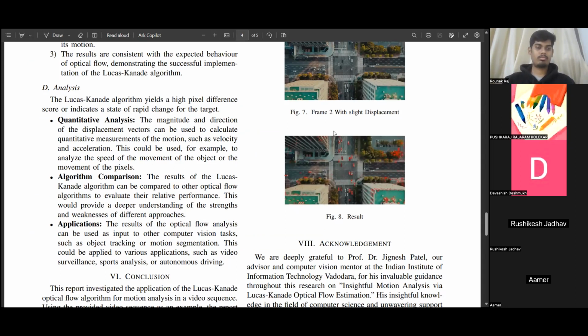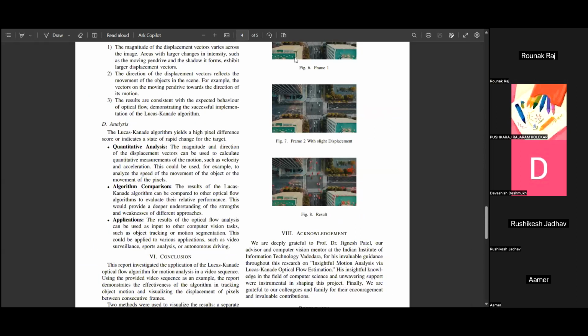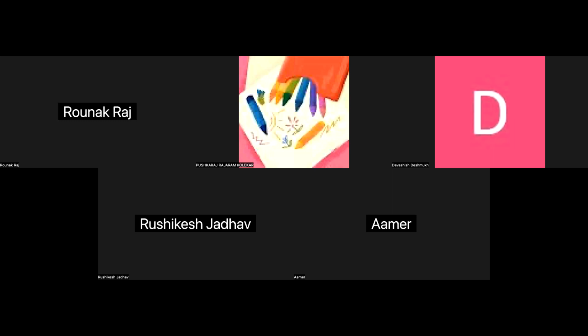Now I would like to request Rushikesh to display the output that we got earlier. So I will show the output that we have shown in the paper.